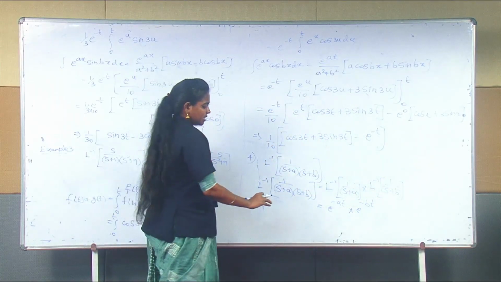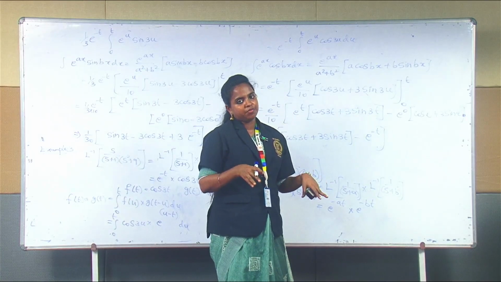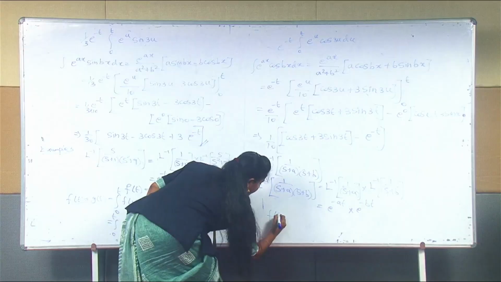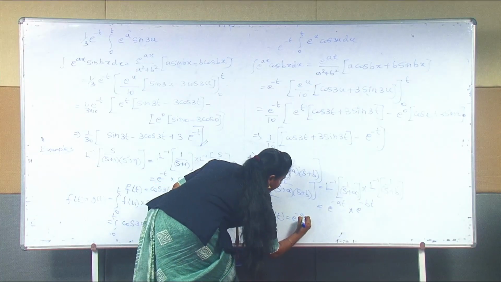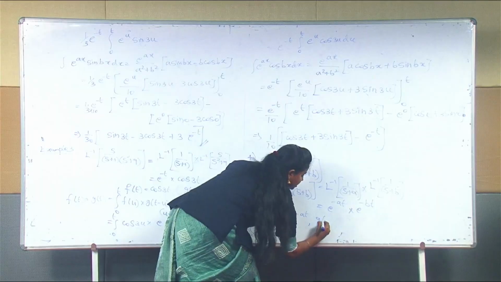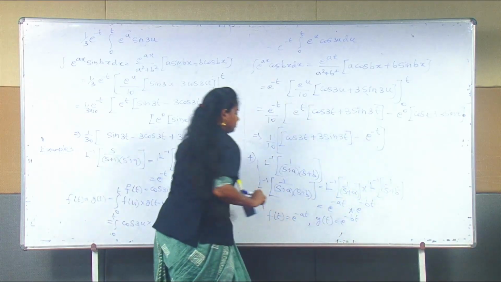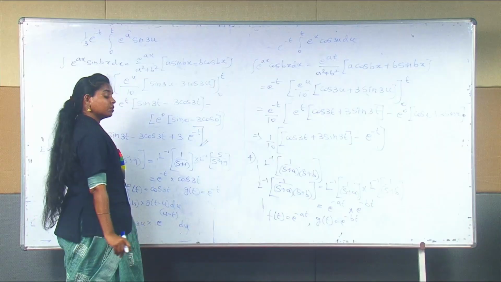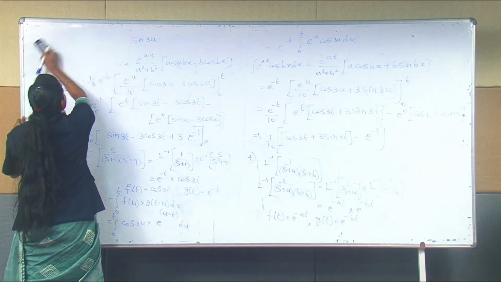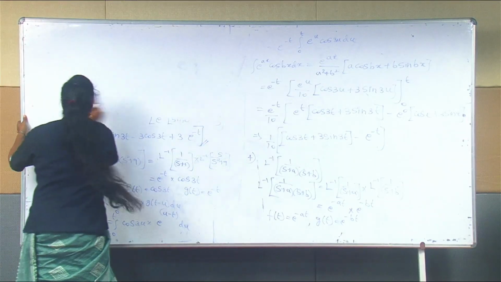So here both are exponential functions. You can take anything as f of t, anything as g of t. So f of t is e power minus at, and g of t is e power minus bt. Now we are going to write the convolution theorem statement, that means the equation.